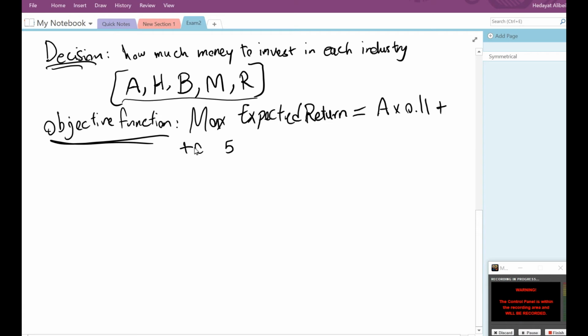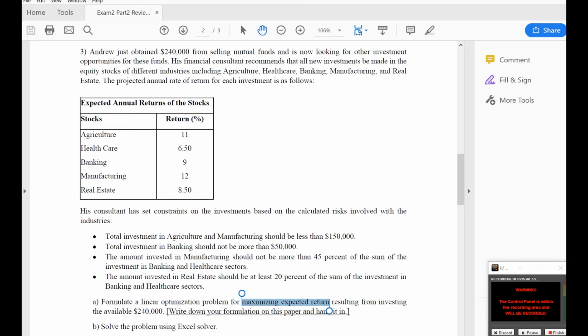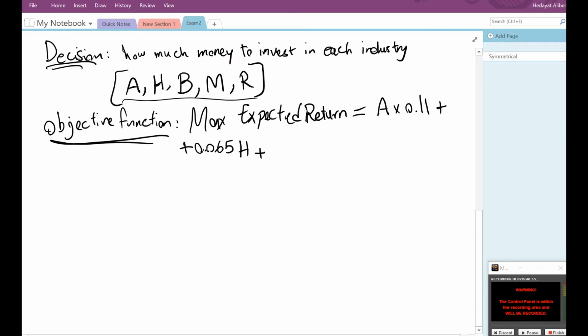Plus 6.5% for healthcare, plus 9% for banking, 12% for manufacturing, 8.5% for real estate.